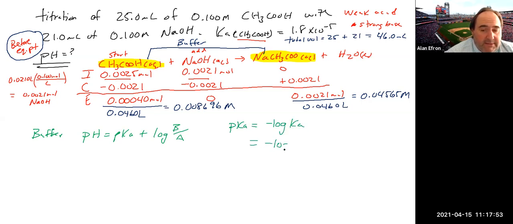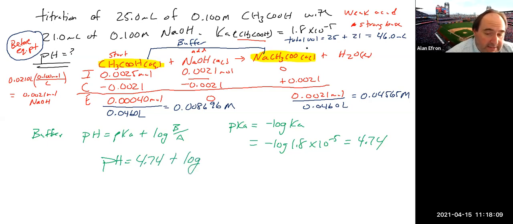That's going to be minus the log of 1.8 times 10 to the minus 5, which would be a 4.74 on the pKa. Putting that into our Henderson-Hasselbalch, 4.74 plus the log of the base, also important to recognize. Again, this is the base. We also know that because that guy is the acid because he has the Ka value. That means we're going to put this guy up on top.